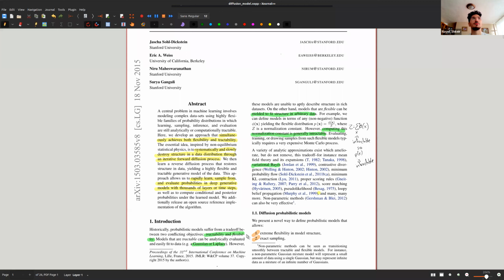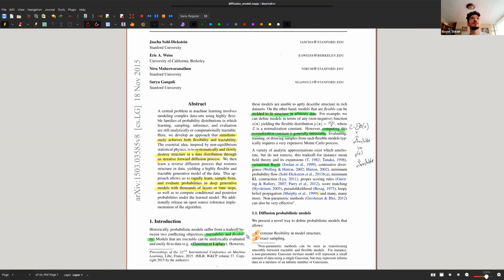Can your generative model generalize to any arbitrary data? Or can it generate data from a big distribution? Those are the two main problems that these generative models try to solve.